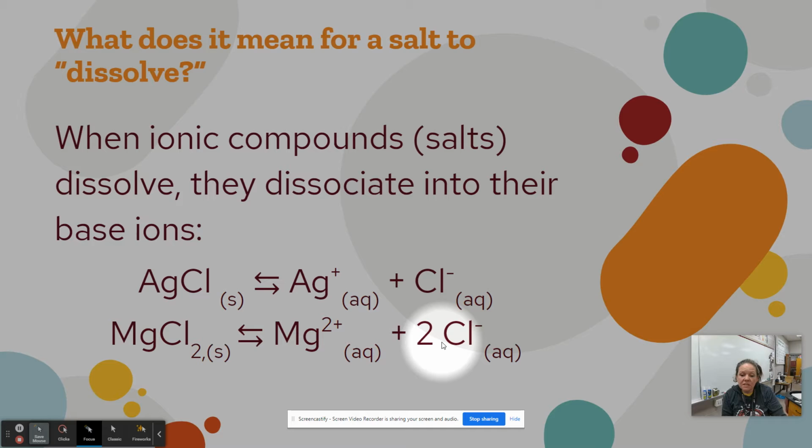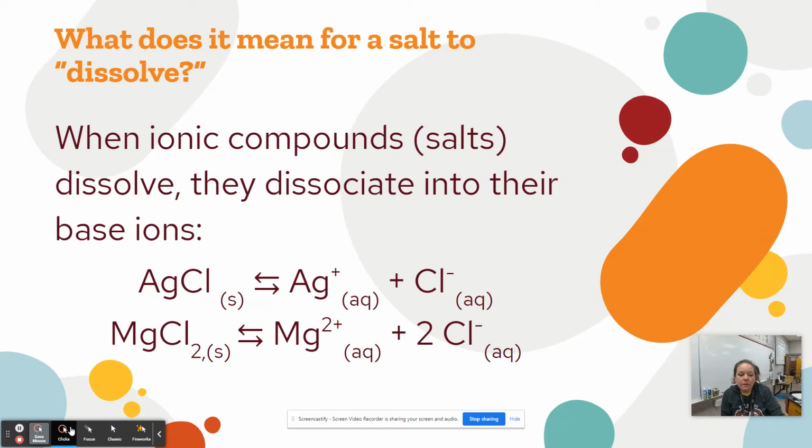Because we have two chlorines on this side, we need to have two chlorines on this side. So here's two examples of ionic salts that are dissociated into their separate ions. You should not only be able to look at these, but you should also be able to write these types of equations and know what they look like.